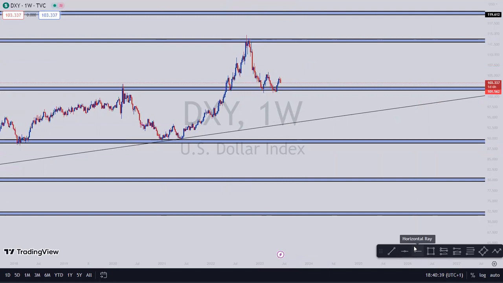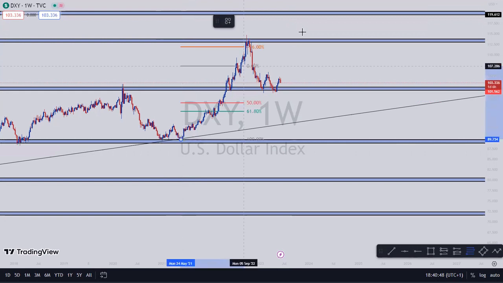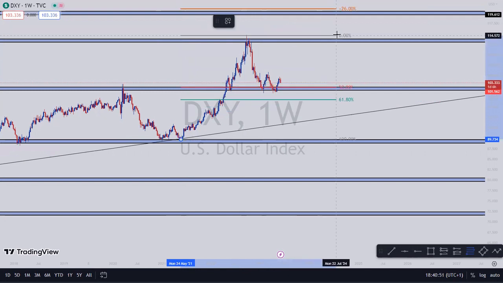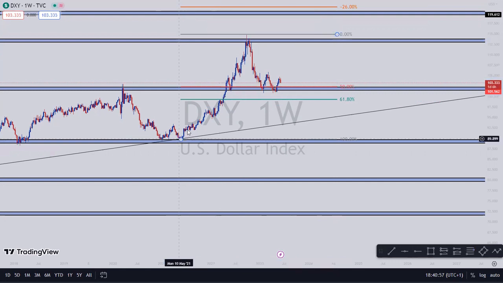Let me see if there's a possibility to draw a minor one to figure out something here. I wish to investigate this point. This point also tells me that this is an impulse leg retracement. We are done with the retracement because we've done a double bottom, so we are supposed to be heading higher.